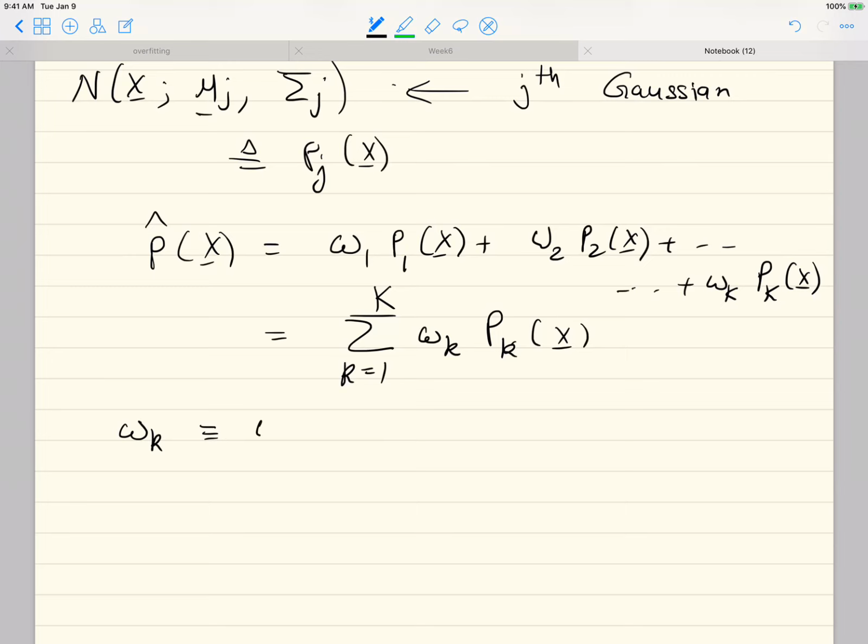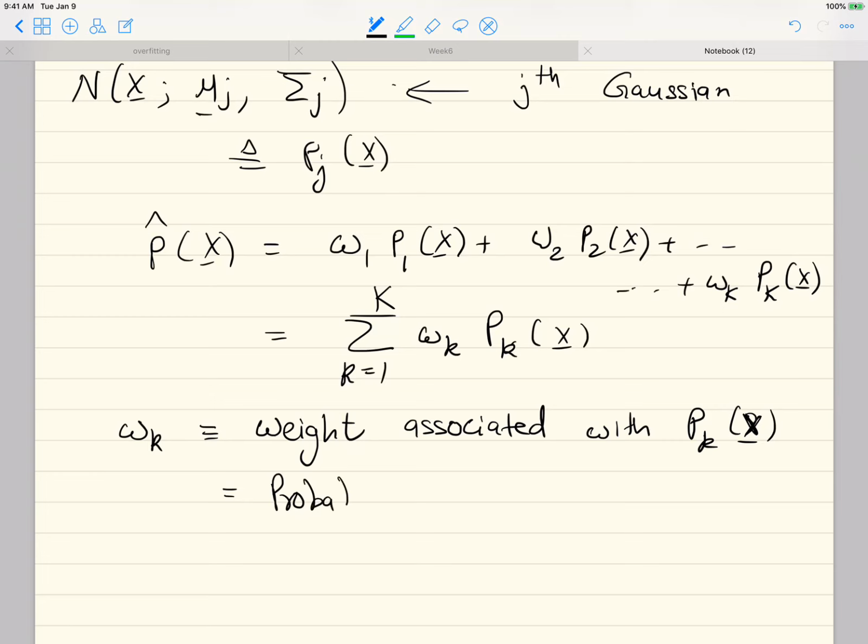Wk is the weight associated with pk of x. This is the probability of selecting pk of x when we do the sampling. So it's the probability we go to the kth Gaussian in that branch.